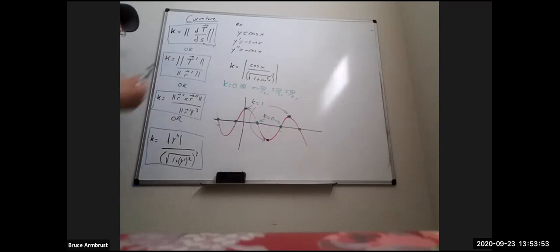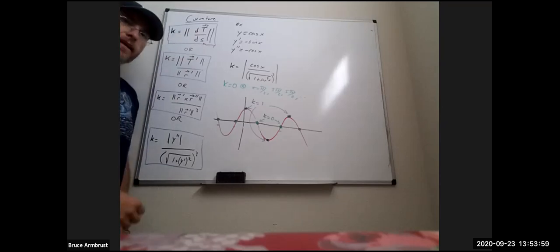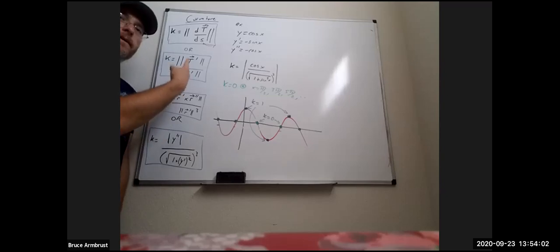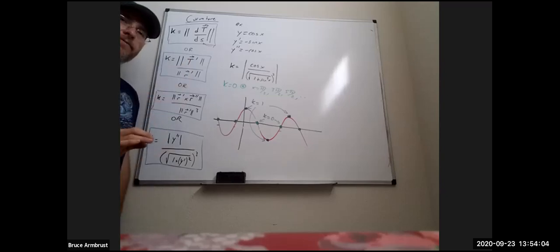Okay, the first one, the one that we use as definition, I only ever use that if I've got my function in terms of s. So if it's already parameterized in terms of arc length, then I'll use that first one.